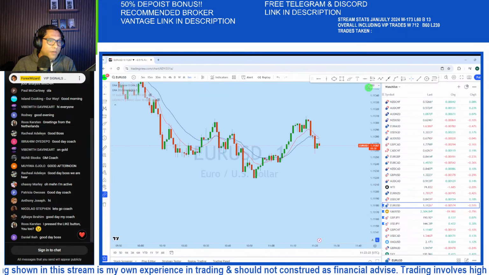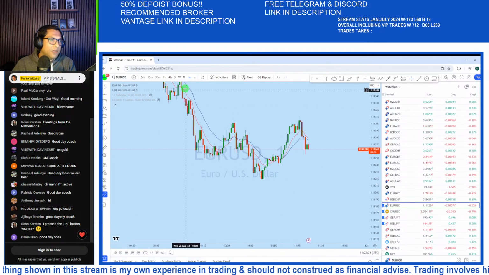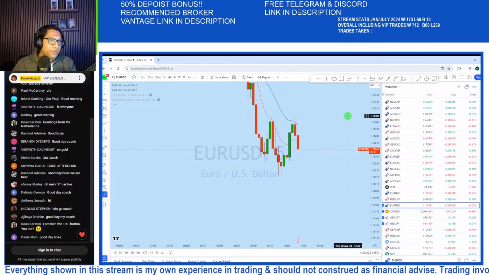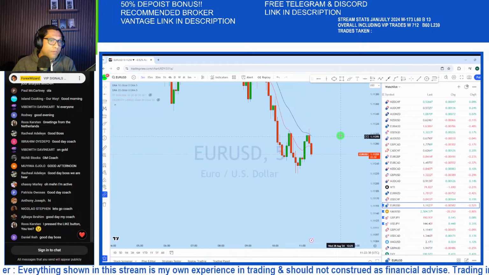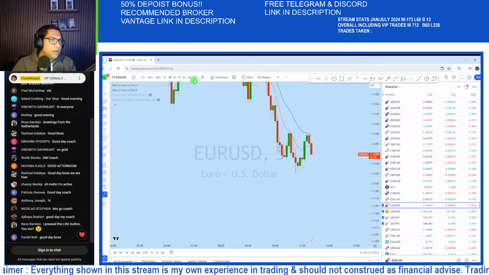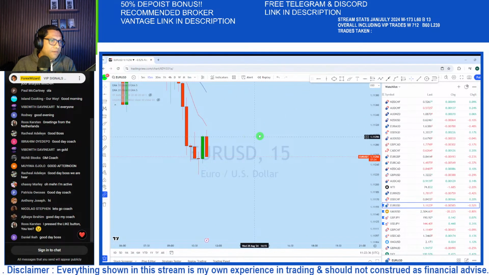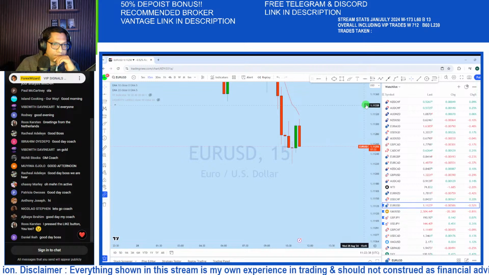if you look at the 1 minute here as well, the market structure is that from this level it started to break below. We might find a potential trade setup.